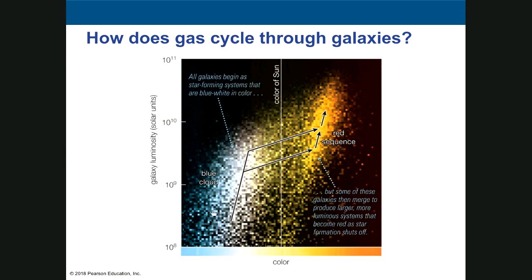Then as time goes on and collisions happen, you end up over here in the last leg galaxies. These galaxies merge to produce larger, more luminous systems that become red as star formation shuts off. All the gas is used, and these can be very bright, but their color is not blue or white or purple because there's no active star formation. All right.